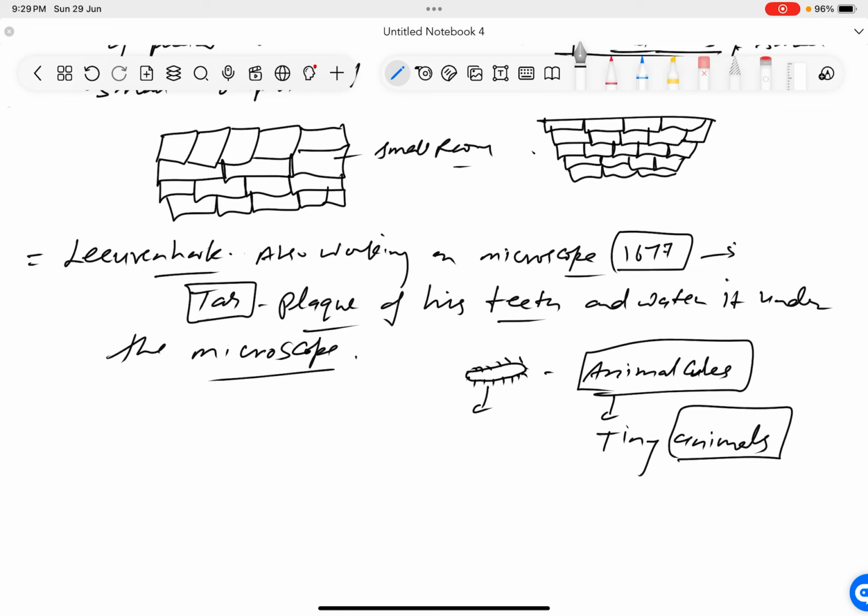Later on, these animalcules are known in today's world as bacteria.